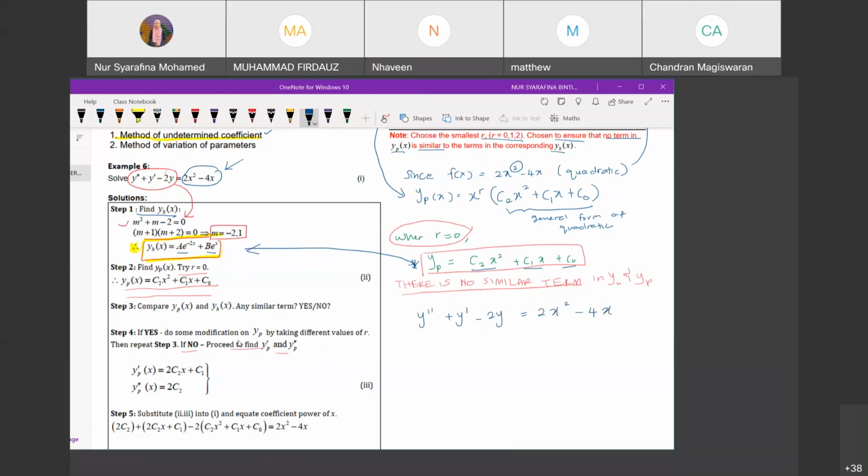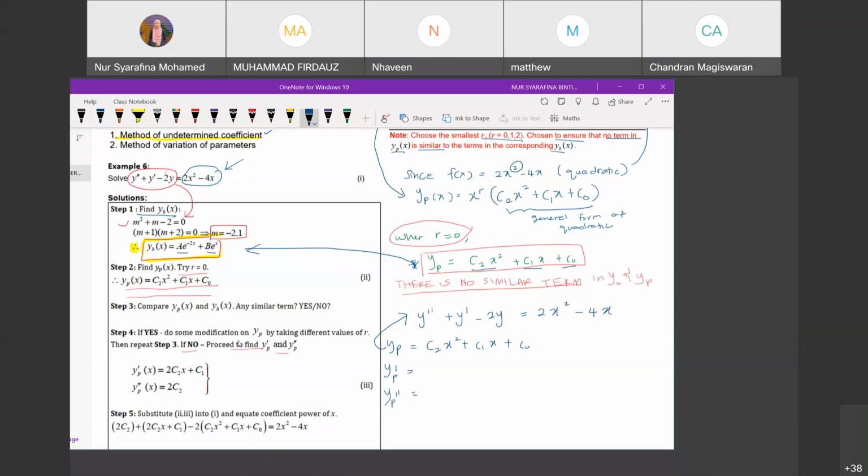And your YP is c2x squared plus c1x plus c0. Now, what you need to do is to match this YP to the differential equation. You have your YP, but this differential equation has y prime and y double prime. So you need to get y prime and y double prime by differentiating YP.